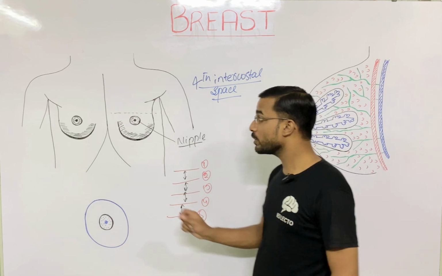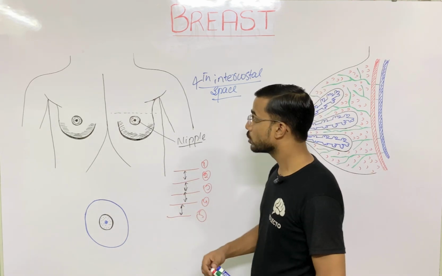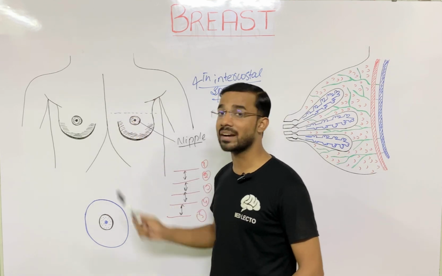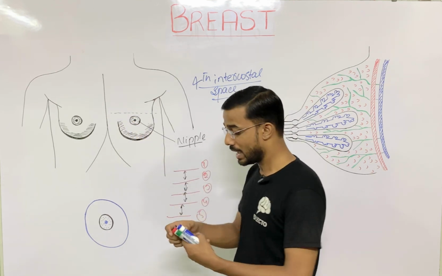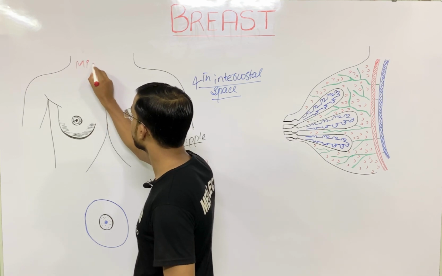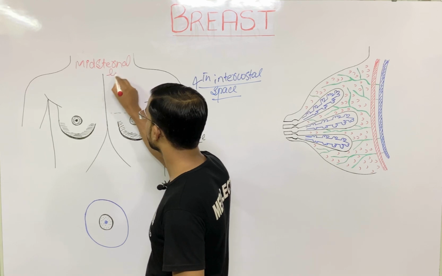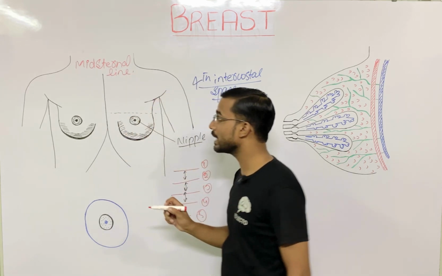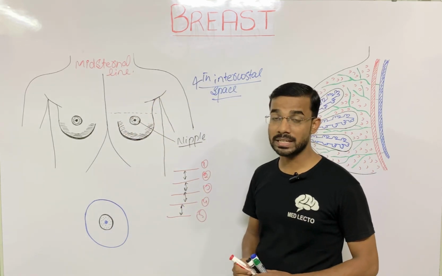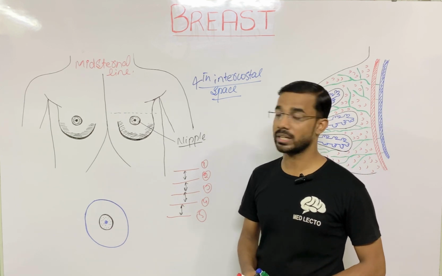Okay. If we discuss the position of the nipple according to the sternum, basically the sternum is present at the center of the body. And at that side, you will see the mid-sternal line. So basically, the nipple is present 10 centimeter away from the mid-sternal line.